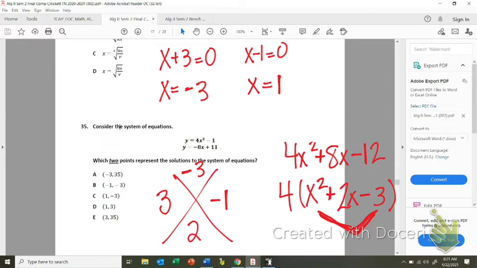How do you get your y values? When you put in an x, you get out a y. So you can just take those values and plug it into either equation. You plug in -3.